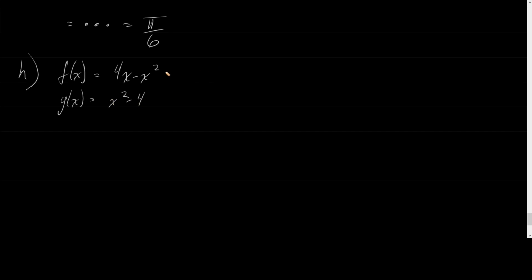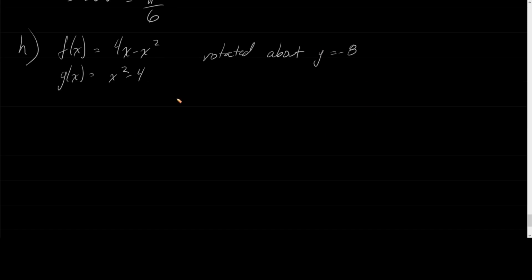And then we want the region bounded by that, rotated about, let's say, y equals negative 8. All right. So I'll help you do this. So here again, I'll do the setup so you can see what to do.